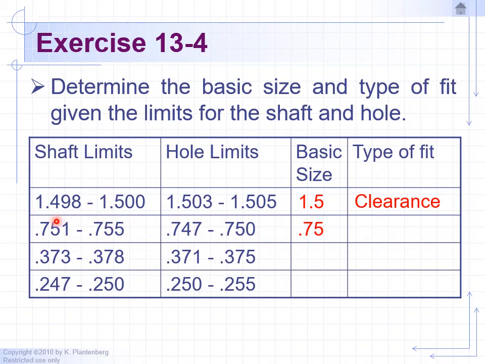So no matter what shaft you pick from this range and which hole diameter you pick, the shaft is always larger than the hole, guaranteeing interference. The hole is always smaller no matter what. So you're going to have to force that shaft into that hole. The clearance will always be negative, whether it's maximum or minimum. It will always be negative, guaranteeing interference. Okay, let's take a look at the next one.